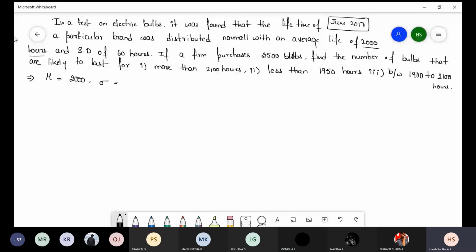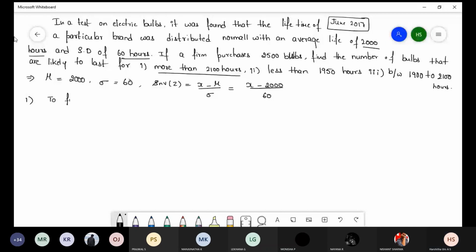The standard normal variate Z is equal to x minus mu divided by sigma. First one, more than 2100 hours.